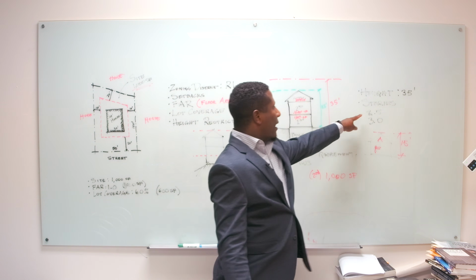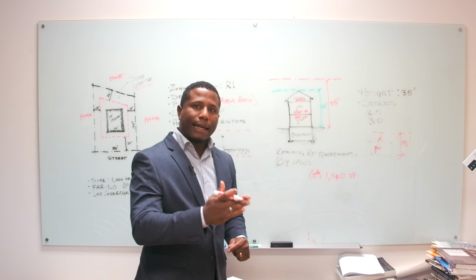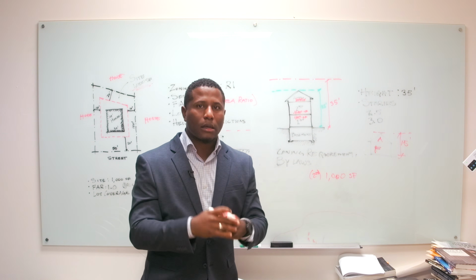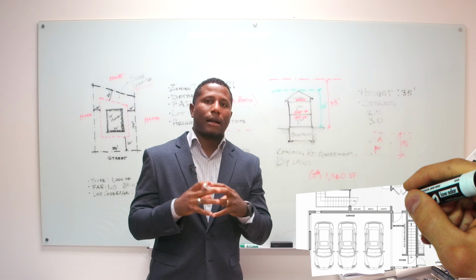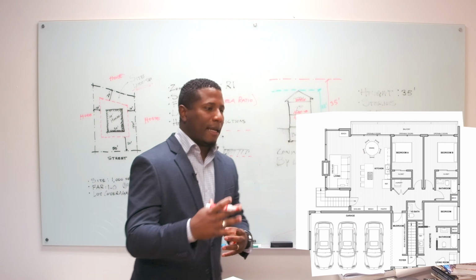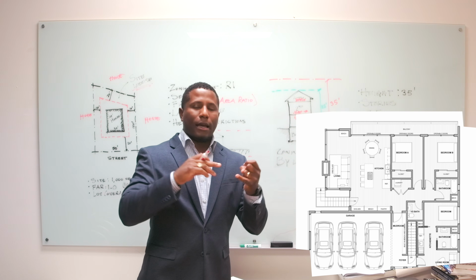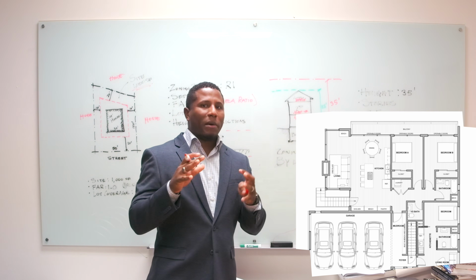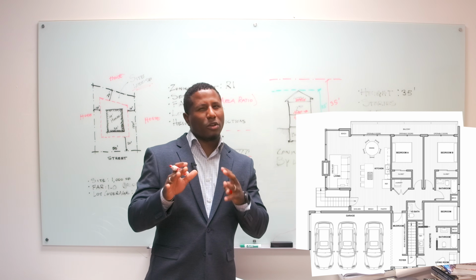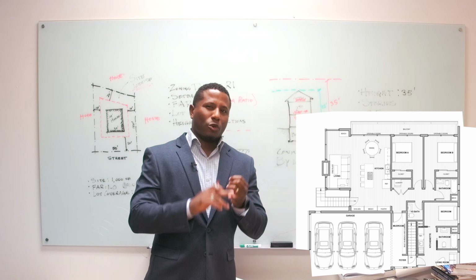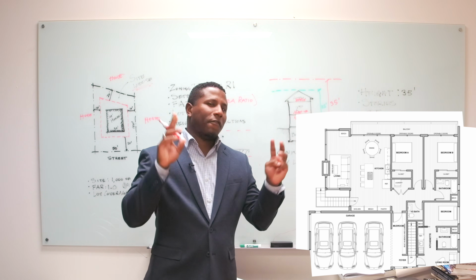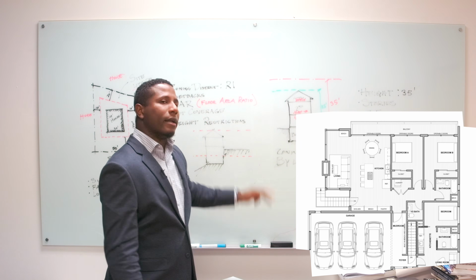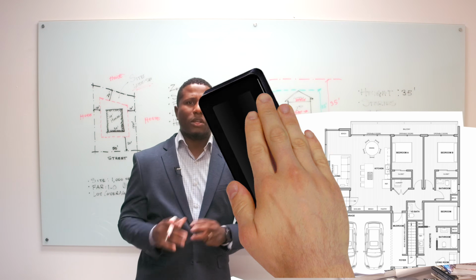The 0.5 means that in the attic you can only finish part of the space, and when we talk about finished space, we're talking about spaces that are conditioned, meaning you have, let's say, a family room or a bathroom. Storage areas are not included in finished space. You need to look into your zoning, so always go back to your zoning requirement to understand what you can actually do within that space.